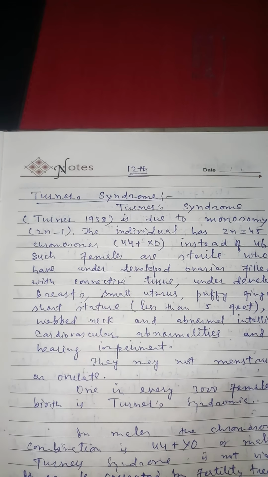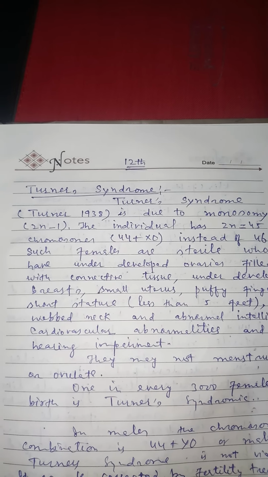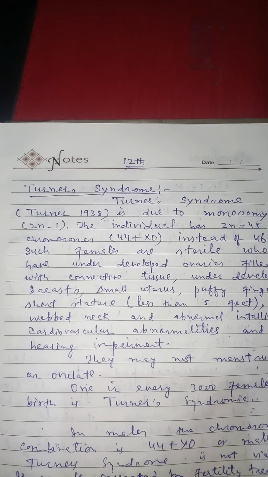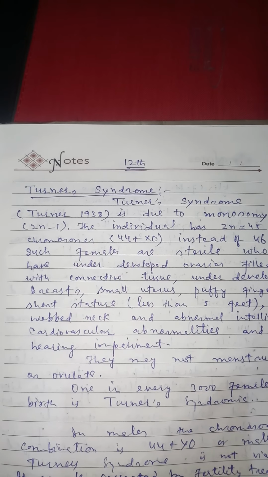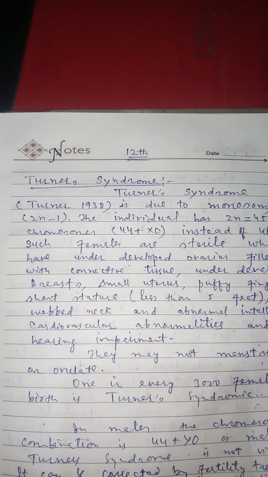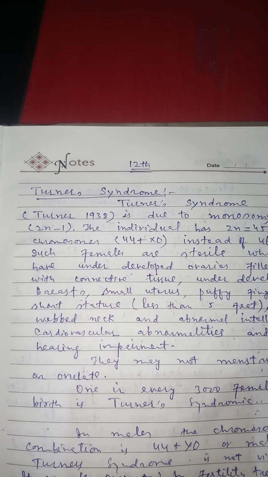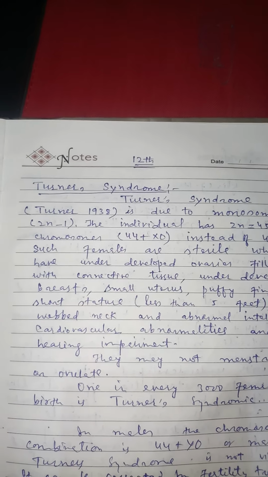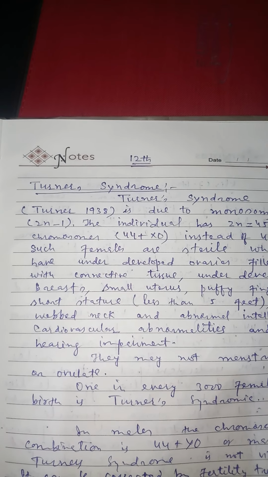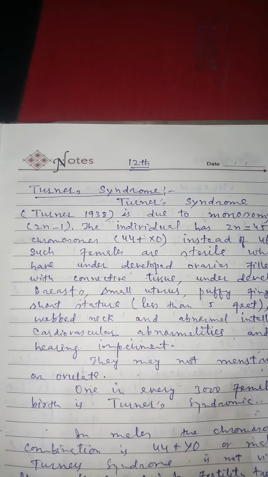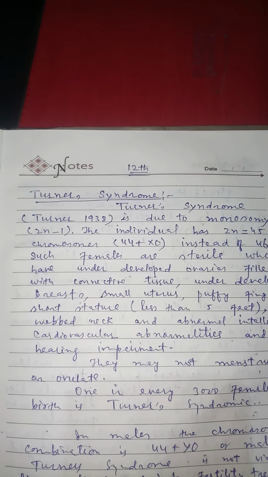That means the actual diploid number is 46 chromosomes, and there is absence of one chromosome from that diploid number. That means if there are 46 chromosomes and one is absent, the patient has only 45 chromosomes.